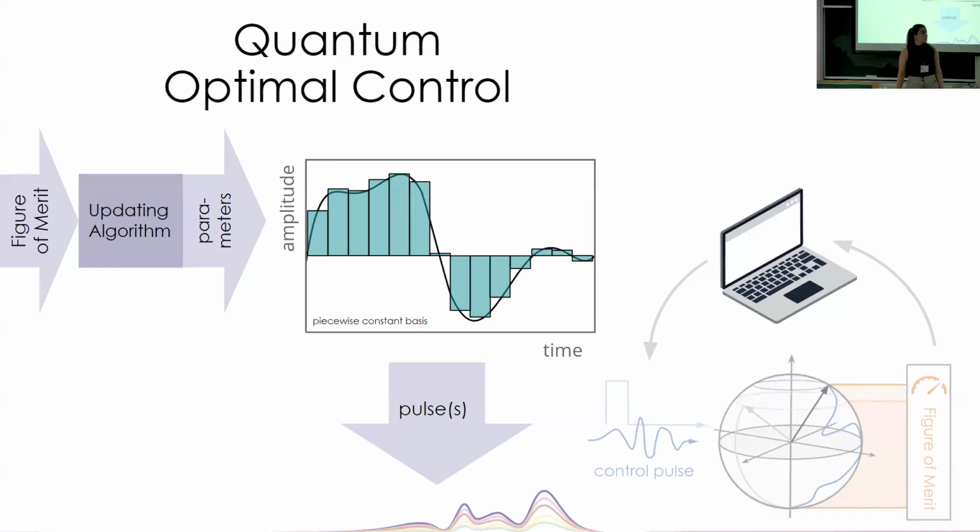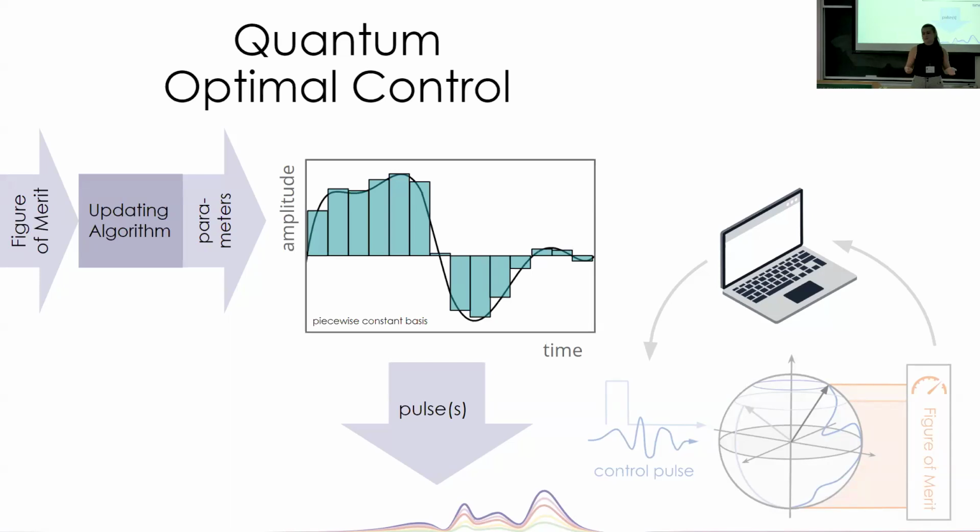The most common one is probably the piecewise constant basis. I call it a basis here; this is somehow the convention that I choose. Sometimes people rather refer to it just as the way they look at the evolution of the system. Anyway, for the piecewise constant basis, that would be chopping up our control pulses into many little pieces, and then each parameter is for each of these piecewise constant parts.